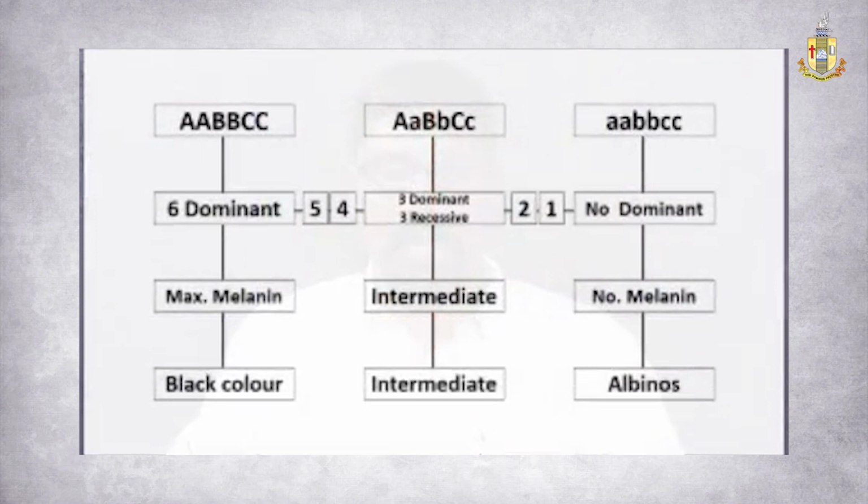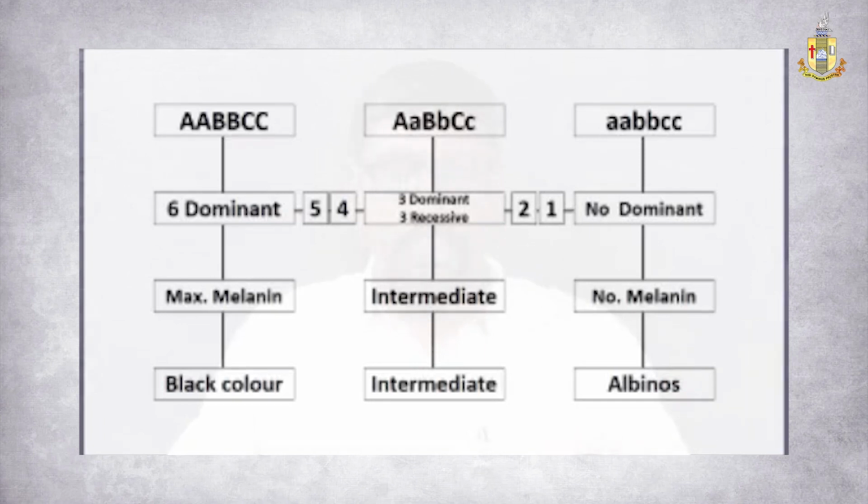In humans, the skin color is controlled by three dominant genes. The genes are written as capital A, capital B and capital C. Here, the number of dominant genes would decide how much melanin would be produced.